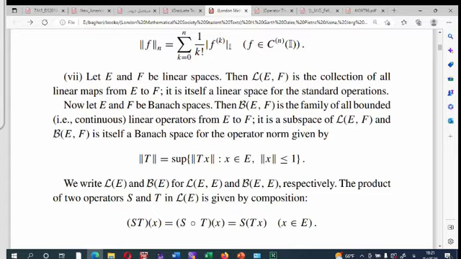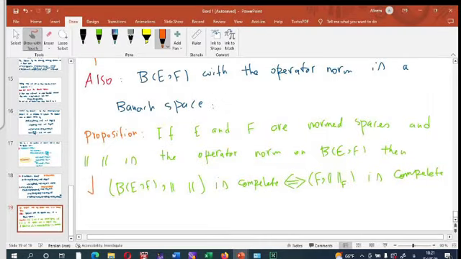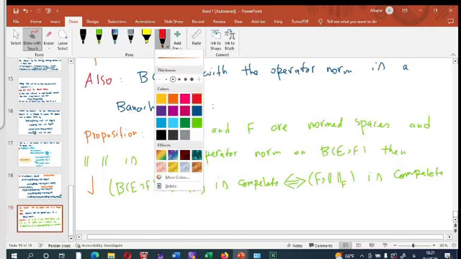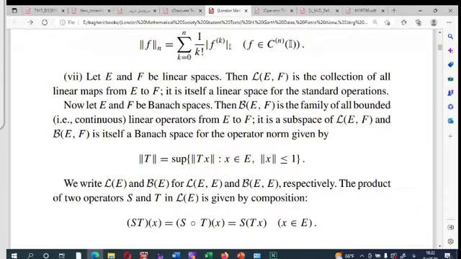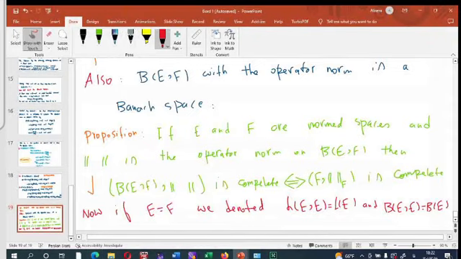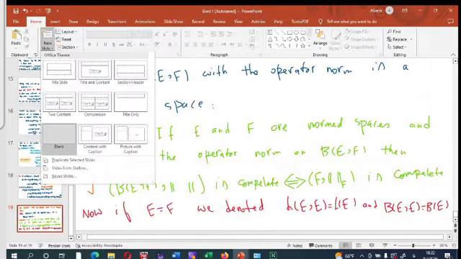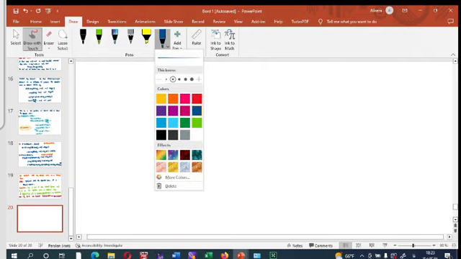Now if E and F are equal, no, if E equal to F, we denoted, so we have these spaces are Banach spaces too.